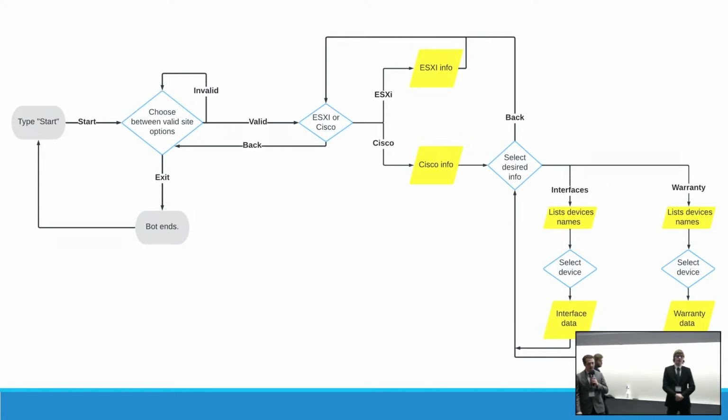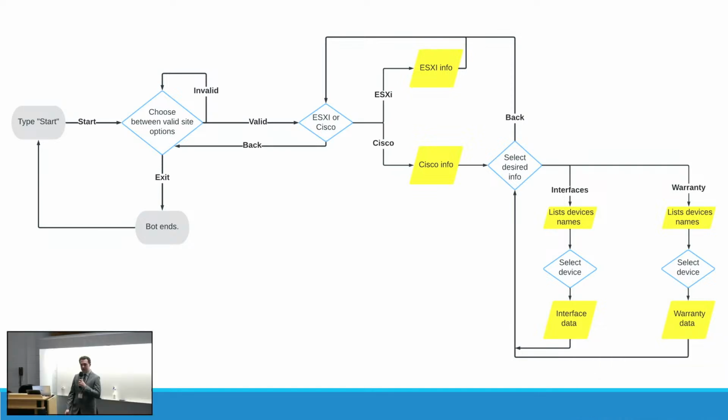So here's the flow chart describing how you can interact with our Webex bot. First you enter the start command, and that'll wake up the bot. It then prompts you for the sites that you have access to. Once you enter a valid site, it then will prompt you for ESXi or Cisco. Entering ESXi will then display all the hypervisor information.